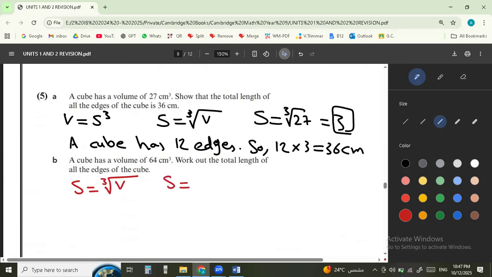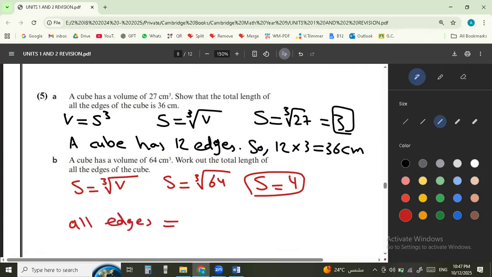So S equals cube root of 64. The length of one side equals just 4. One edge is 4. But how many edges are there in the cube? We said a cube has 12 edges. So it is 4 times 12 edges, 48 centimeters.